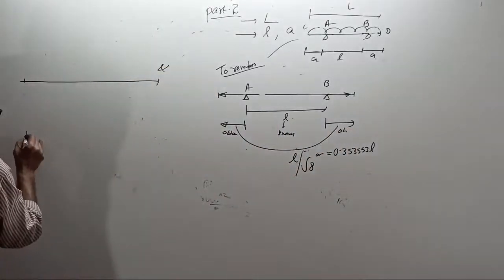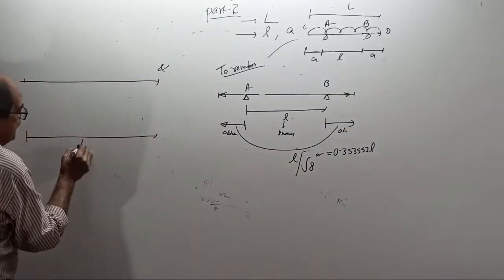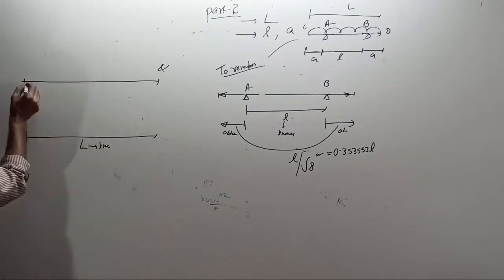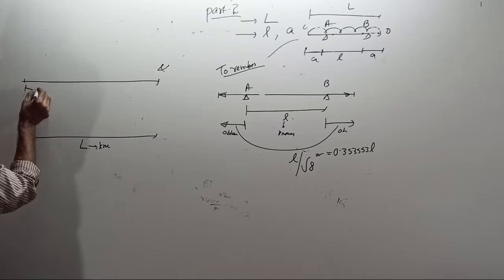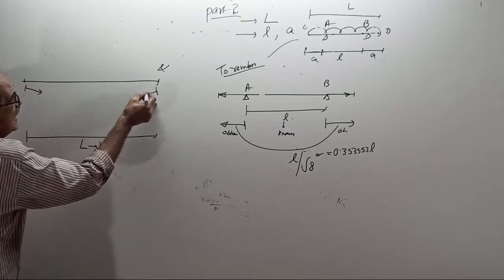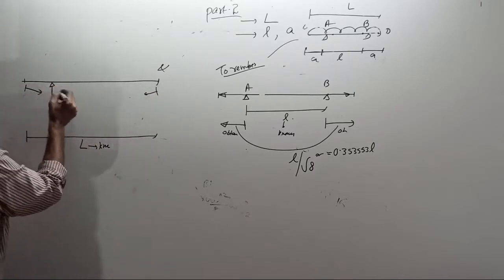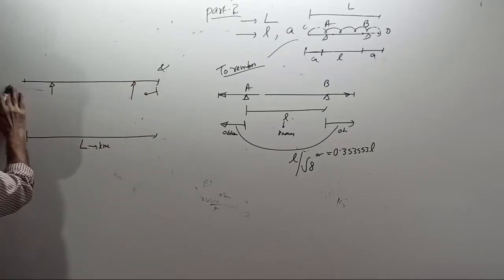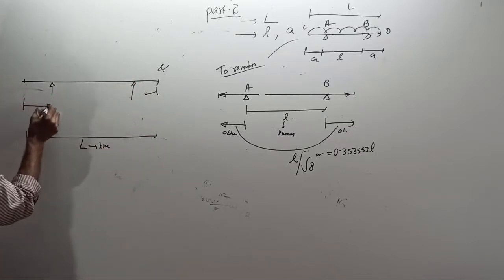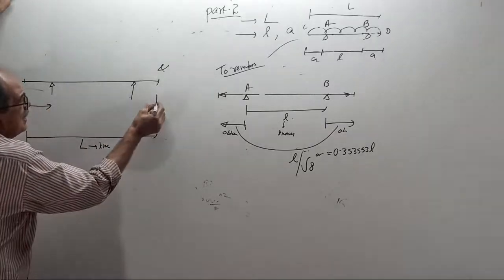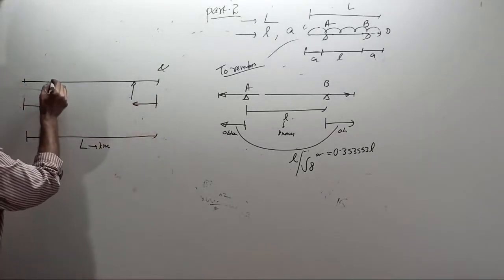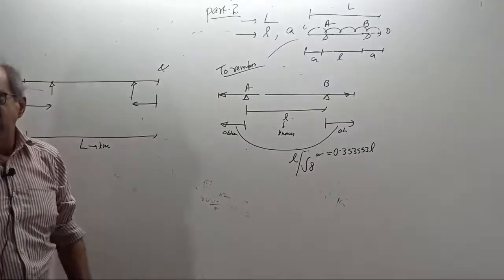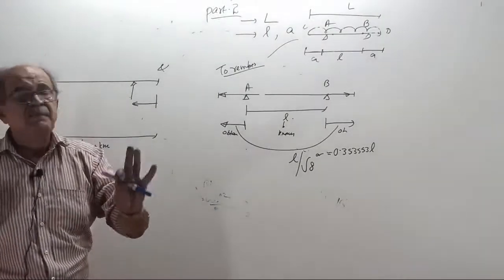If the capital L is known, then from the end, how much inside you have to come to provide the support. That is, you decide how much you have to come from the end here, and how much from the end here, to get the support positions, so that in both cases the maximum BM is minimized.